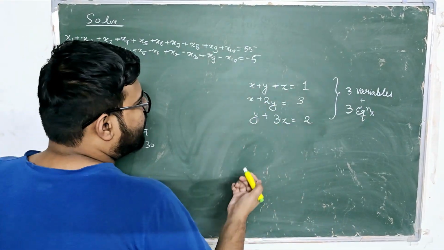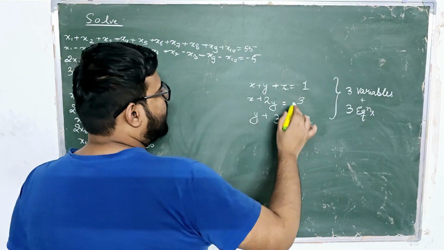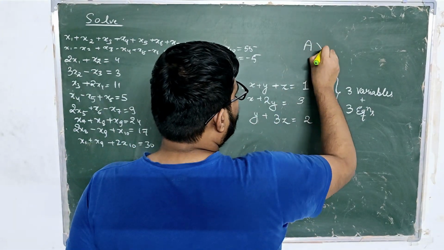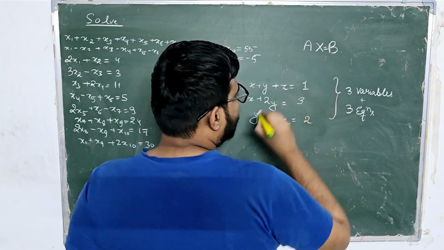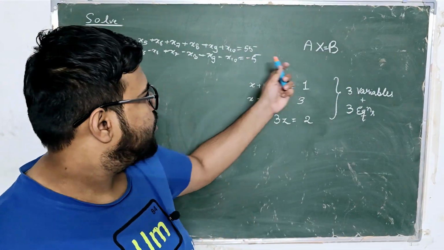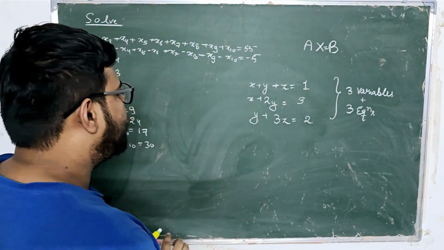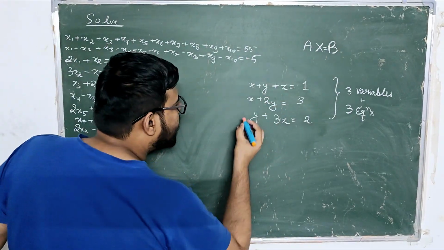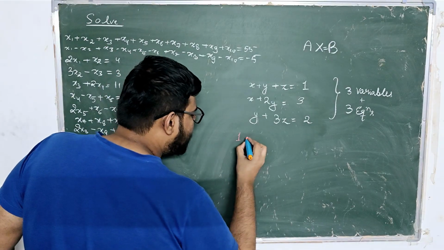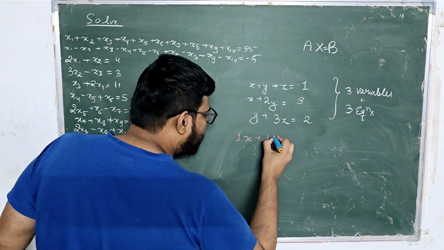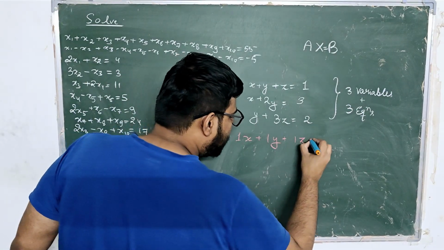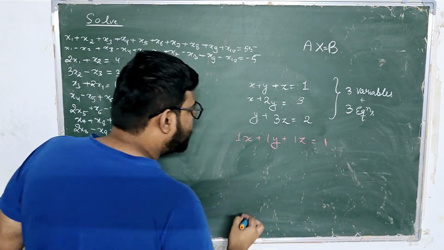So we all know that it can be written as Ax is equal to B, correct? How? Let me explain it. So first equation can be written as 1 times x plus 1 times y plus 1 times z is equal to 1, correct?